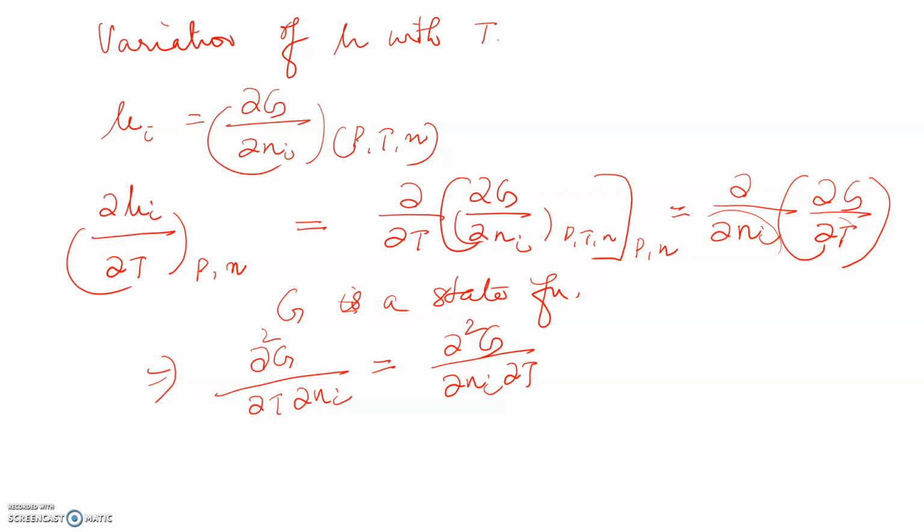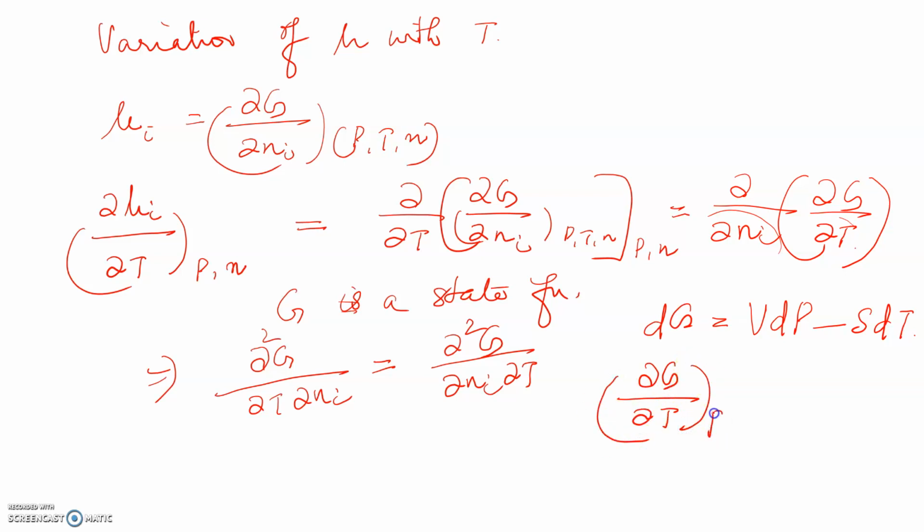How does that help? We can find the variation of G with temperature by making use of the equation for G, rather than differentiating this partial molar free energy with respect to temperature. We can differentiate dou G by dou T and then do the next differentiation. How will we do that? We have dG. The expression for dG is VdP minus SdT.